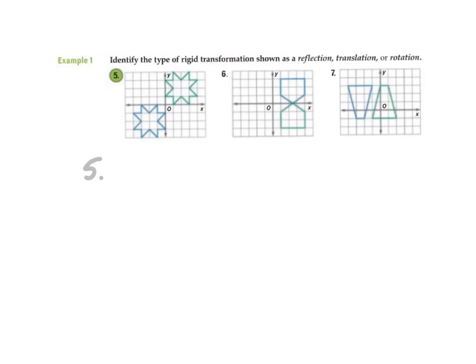So for instance, let's take the blue as the pre-image, so I'm moving it over to the green, and then which way can you do it? Well, sometimes like this one, it's actually all 3. It's a reflection, so for instance if I put my line here, in other words the y = x line, it's being reflected over that, so first and foremost it's a reflection.